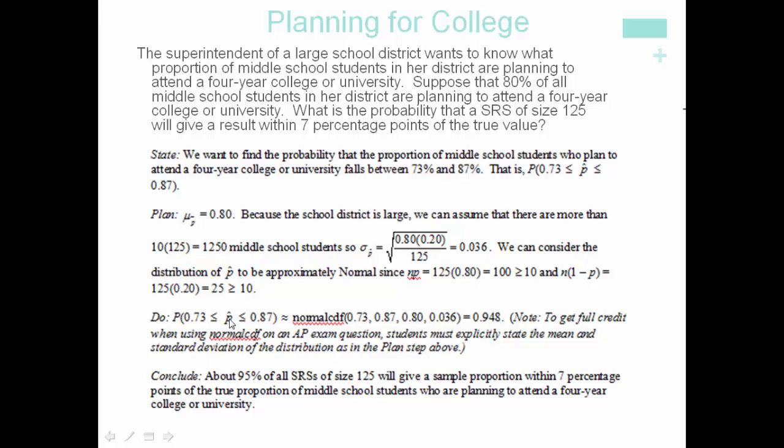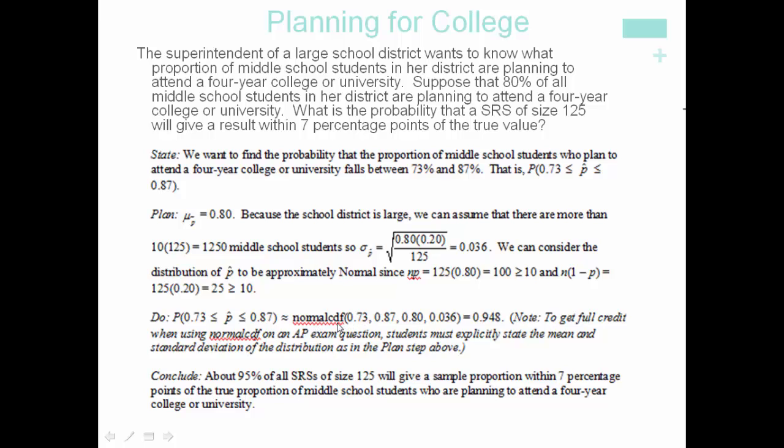On the last one, I showed you looking up on the Table A, just a basic calculation. On the second example, here's a review of using the graphing calculator to find the normal distribution. If you want to use the distribution curve values from a calculator, again, use normal CDF, to be between 0.73 and 0.87.